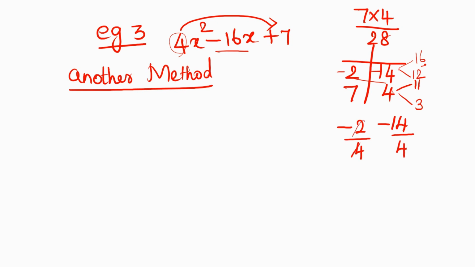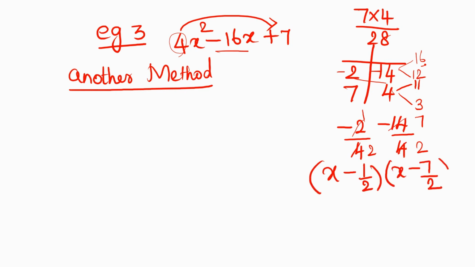I got minus 1 by 2 and minus 7 by 2. Now I can write it as x minus 1 by 2 and x minus 7 by 2. Now take that 2 to the coefficient of x. You will get 2x minus 1 and 2x minus 7. So these are the factors.